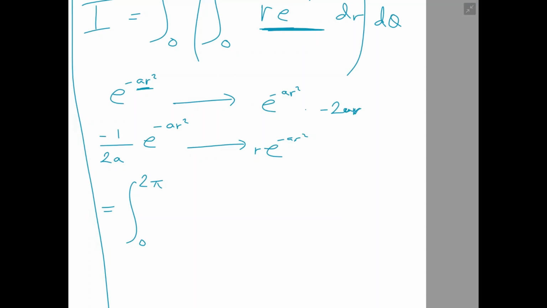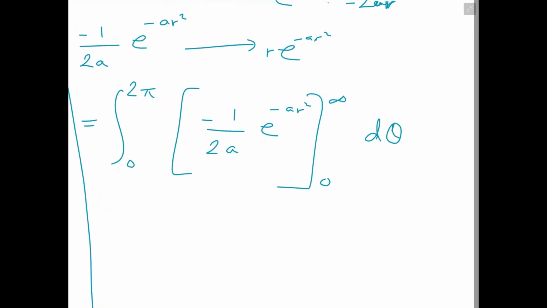Again, you could use integration by substitution, but sometimes spotting derivatives is a bit quicker. So what we're going to evaluate is minus 1 over 2a times e to the minus a r squared from 0 to infinity d theta.